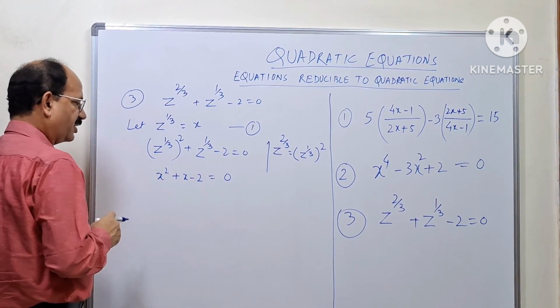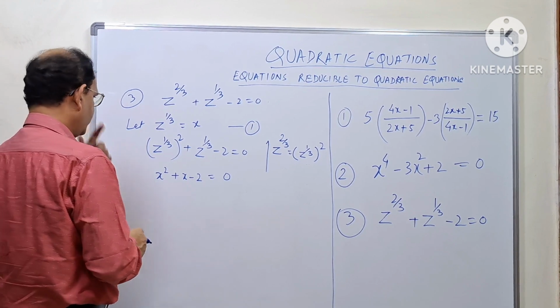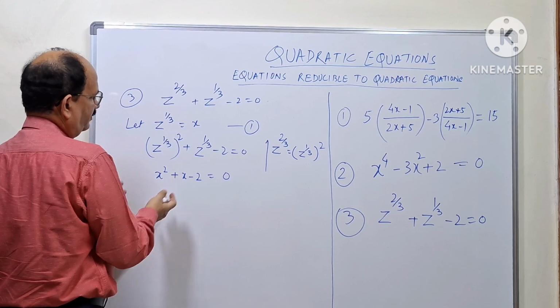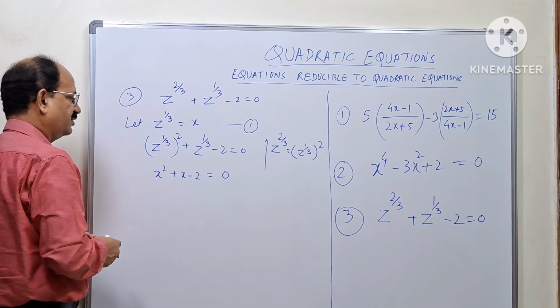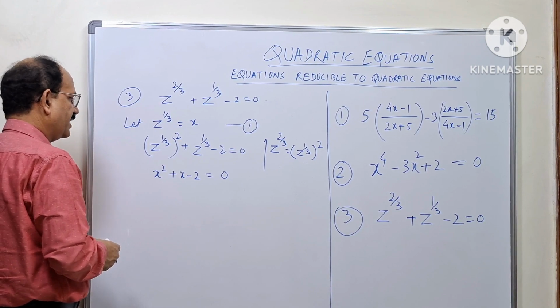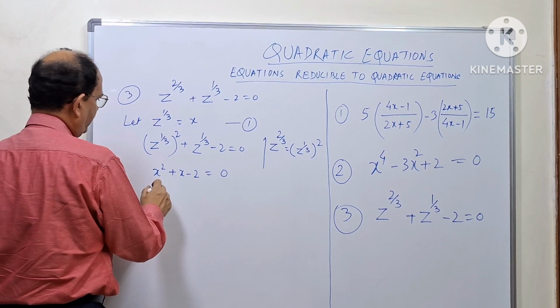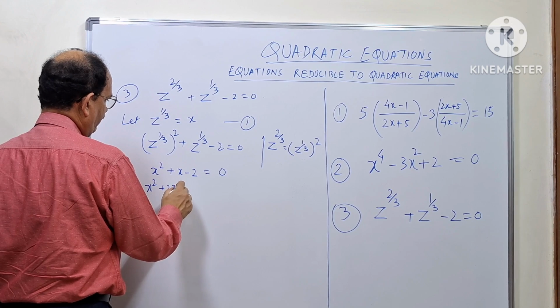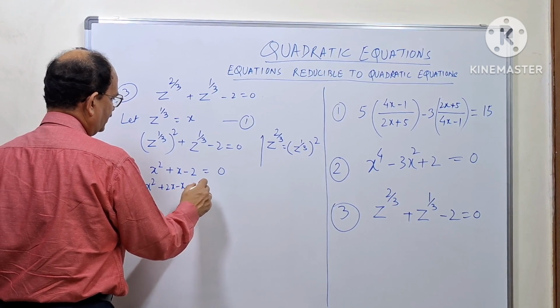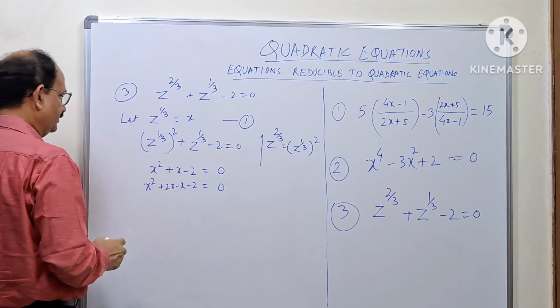This is again a quadratic equation, and we can solve it with any method. But let's try solving it with the factorization method. So I can write x square plus 2x minus x minus 2 is equal to 0.